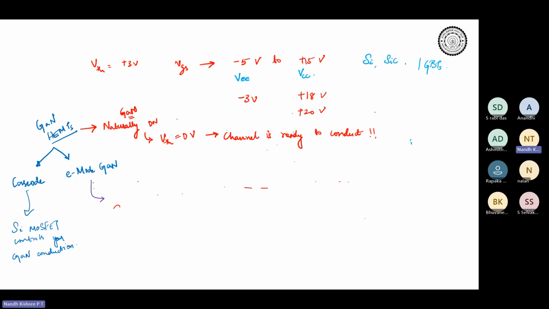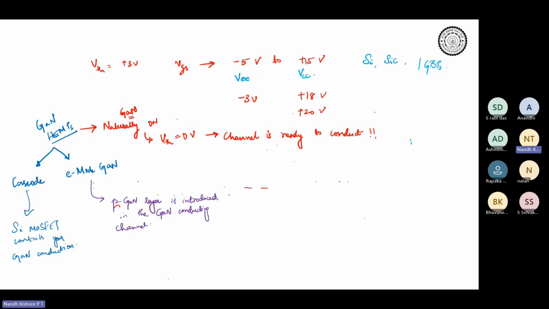So what people did was they introduced a P-GaN layer in the GaN conducting channel. The P-GaN is basically responsible for creating a depletion region, right?